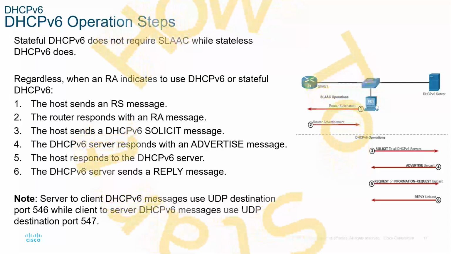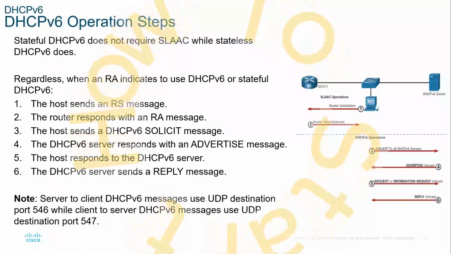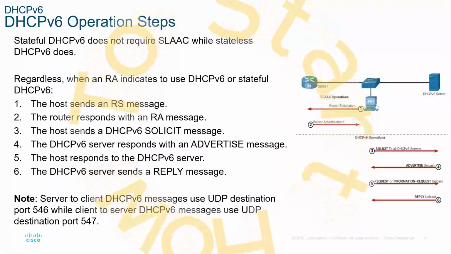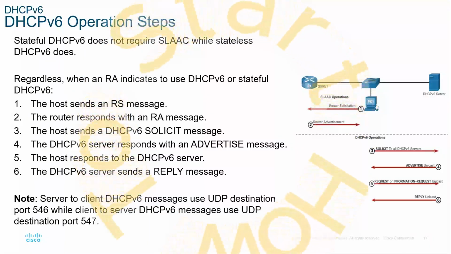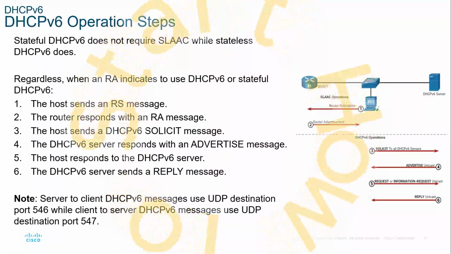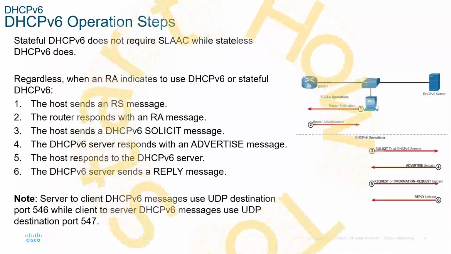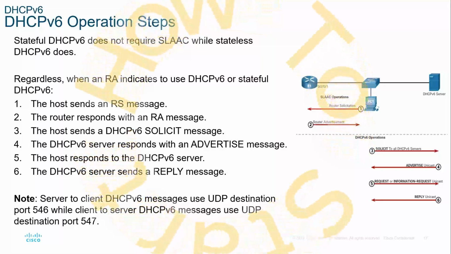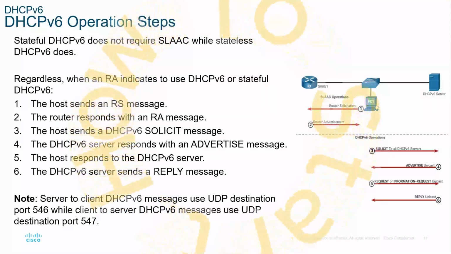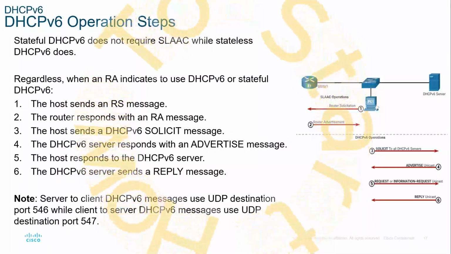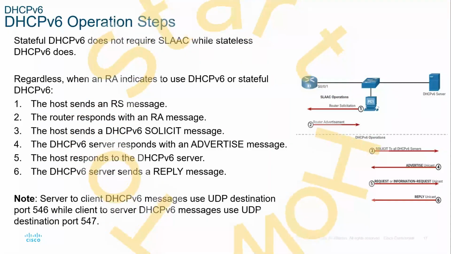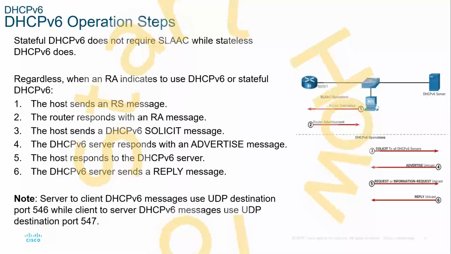That will be a DHCPv6 solicit message. The DHCPv6 server will respond with an advertisement message. That'll be a unicast address. The client will then send a request or an information request back to the server, also unicast. The last step is the server will reply with the unicast address, verifying the address.